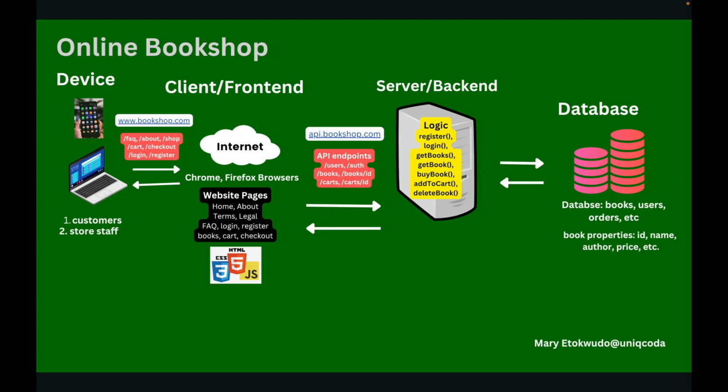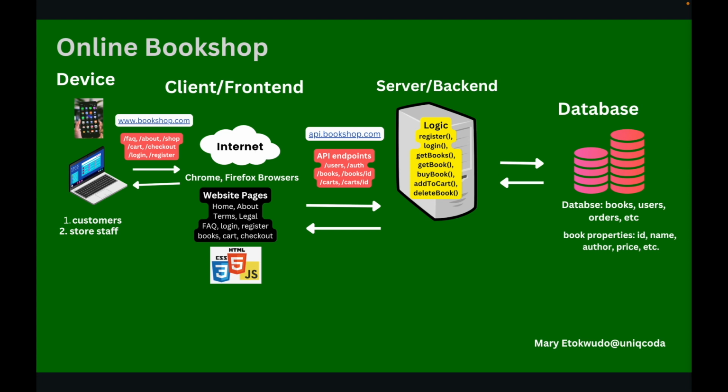You have the /faq, /about, /shop, /home, and all that. On the back end, you also have endpoints this time around that handles all the different groups of logic that a user requires. So there's the /users endpoint, which probably handles the logic of getting user information from the database.